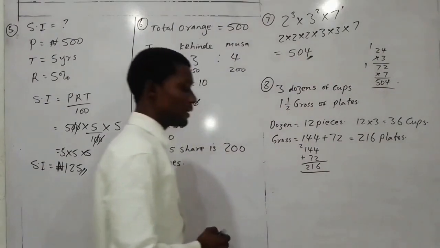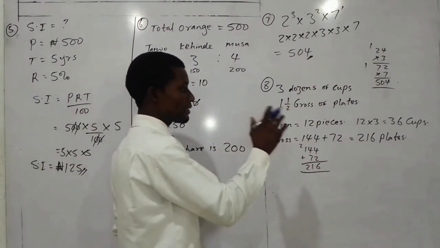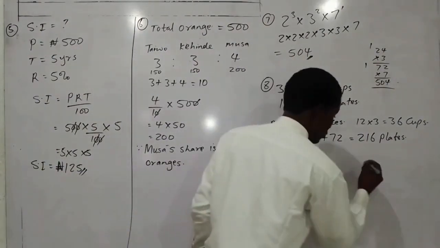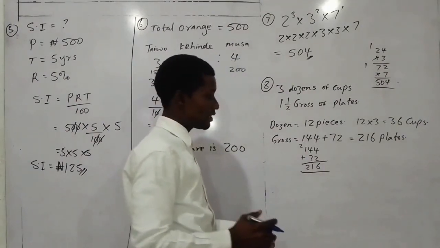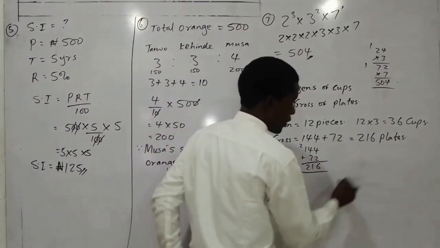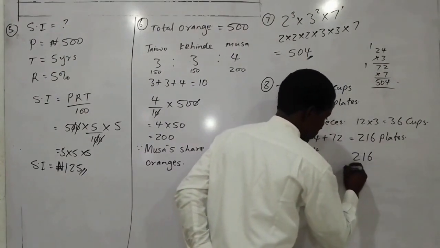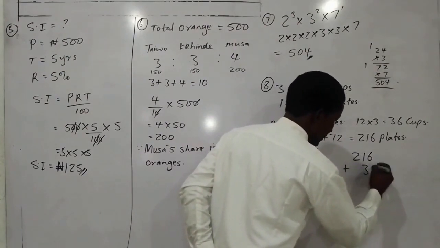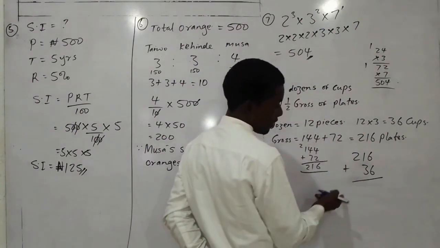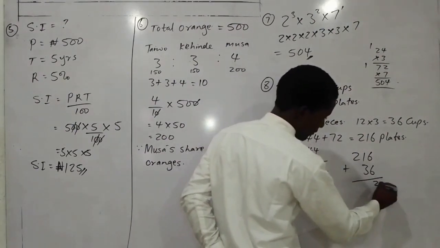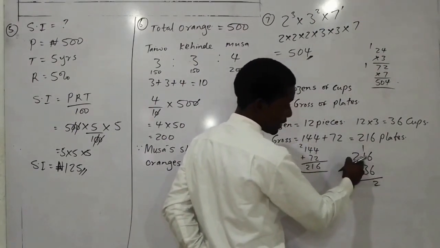Now let's add up 36 cups plus 216 plates to find the total articles that Jide's mother bought from the market. So add up our articles. That will be 216 plus 36. Now let's add up our value. 6 plus 6, that is 12. Keep my 1. 1 plus 1, that's 2.